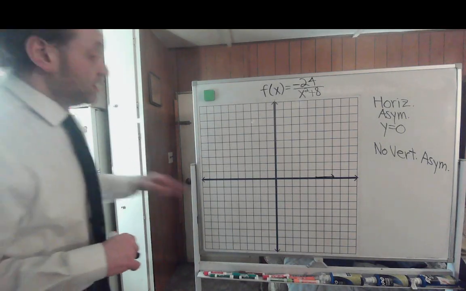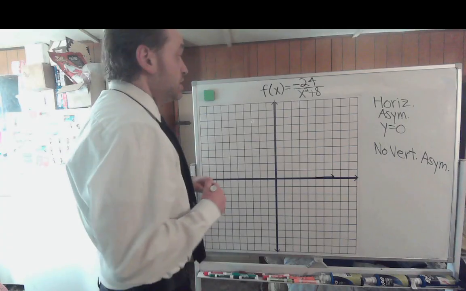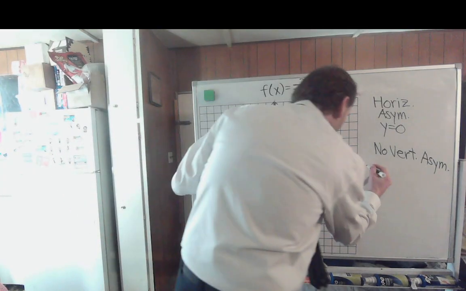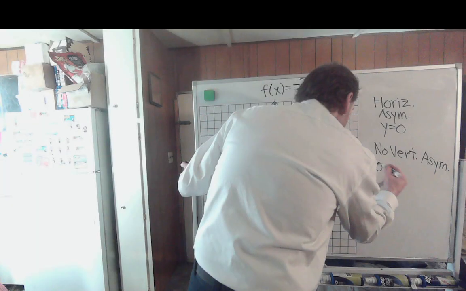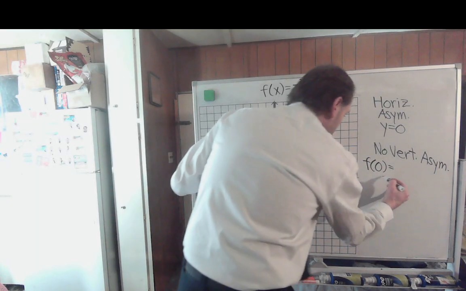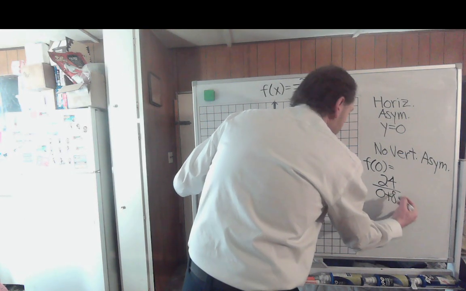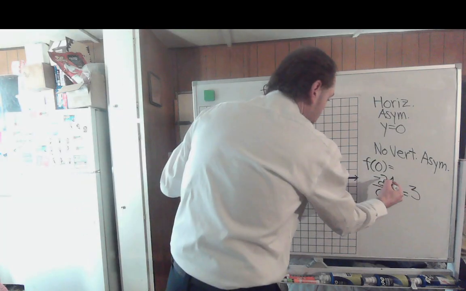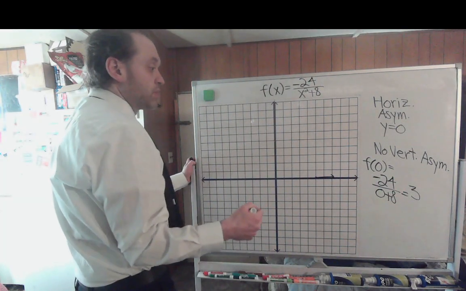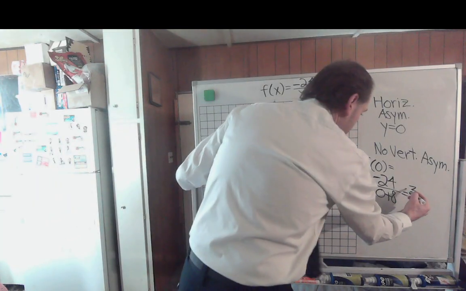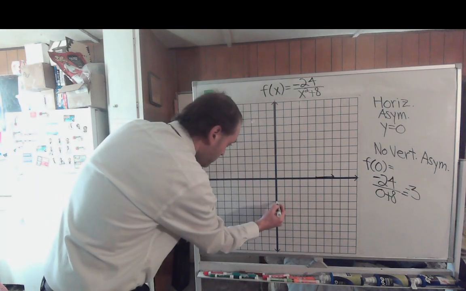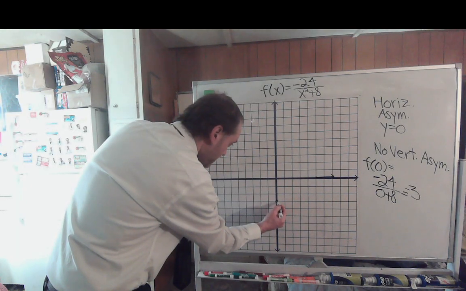So let's go ahead. Let's start at x equals 0. So f of 0, what do you get? So that's going to give you literally negative 24 over 0 plus 8, which would be negative 24 over 8, which would give you negative 3. So at 0, you have a y-coordinate of negative 3. All right.